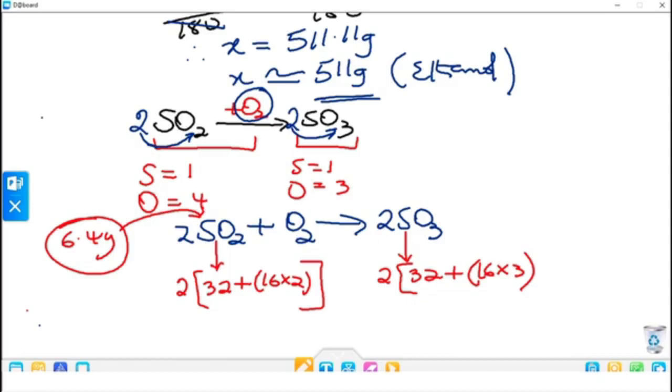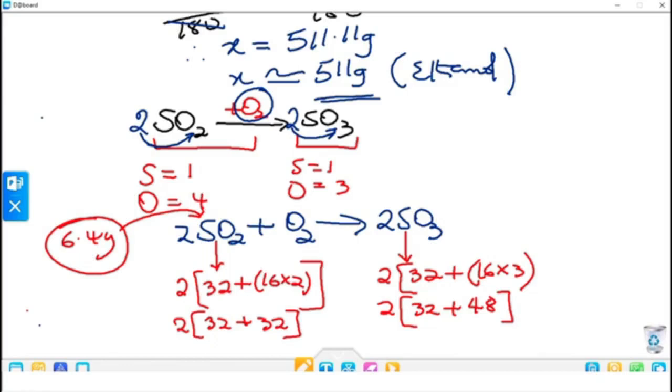So in this case, we have 2 into 32 plus 32. And here we have 2 into 32 plus 48.